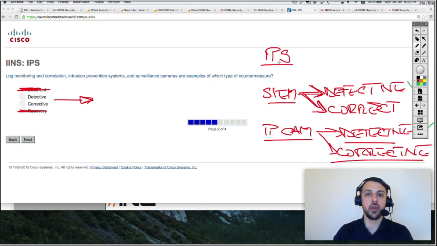Actually, intrusion prevention is nothing else but the IDS system, but deployed inline. Because it sees the live traffic in real time, it can not only detect, but it can also prevent, right? While an IDS, because it's not deployed inline, but in SPAN mode, can only detect and maybe optionally correct, but only by integrating with other solutions.